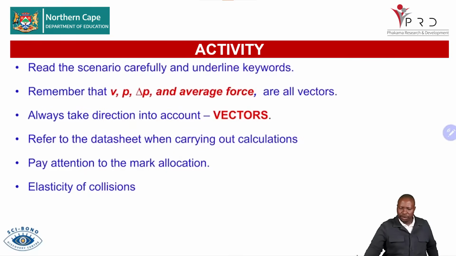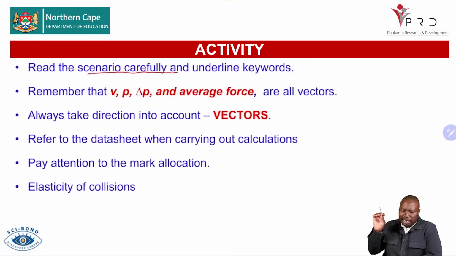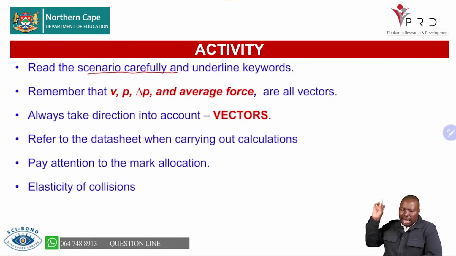Now, let's go to tips. How do you answer this type of question? Read the scenario carefully. Everything that we are doing is about reading carefully, underlining the keywords, and doing what we refer to as data collection. Remember the velocity, the momentum, change in momentum, and the average force.